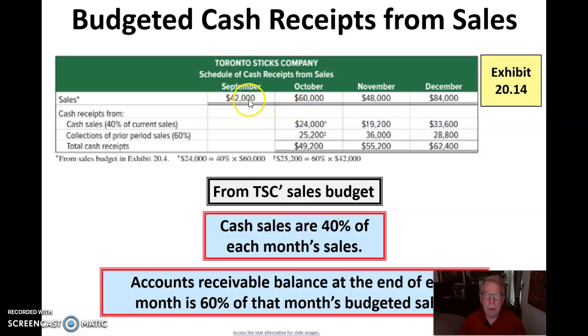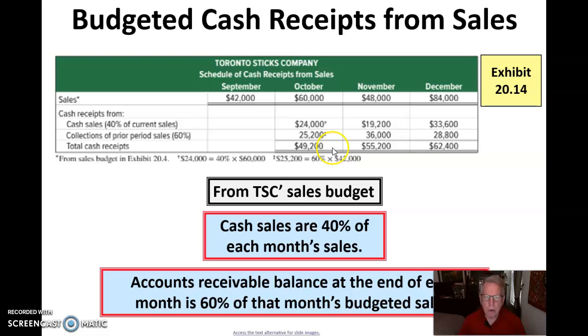So here in October, we're getting 60,000 of sales, but how do we collect it in cash? We get 40% of that 60,000 in the current month. But we've collected 60% of the prior month here in October.